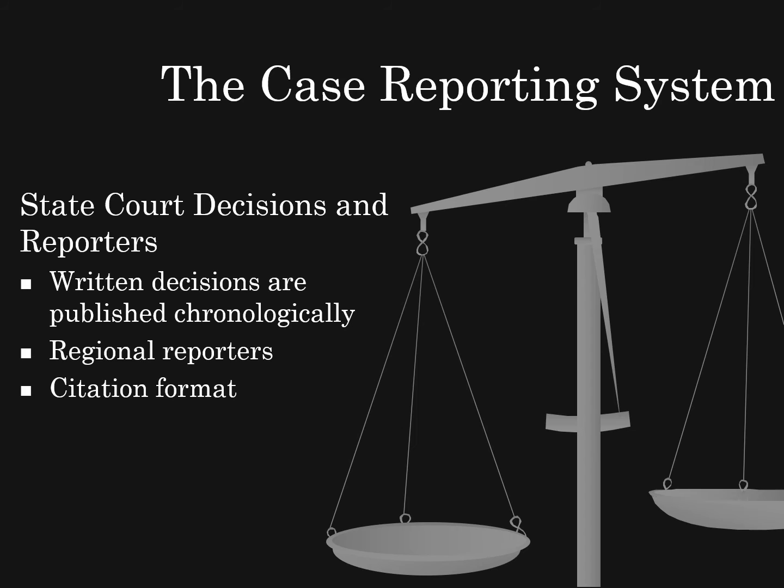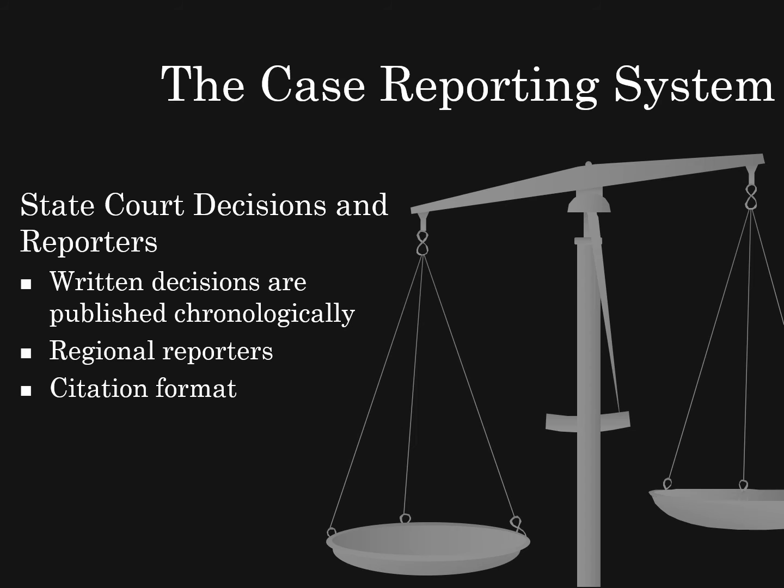What's problematic about that is, unless you know the day that an opinion was released, it's going to be difficult to find the case. There's not an index for the reporters. That's why we have these digests that we just looked at, which serve as the index for the reporters.